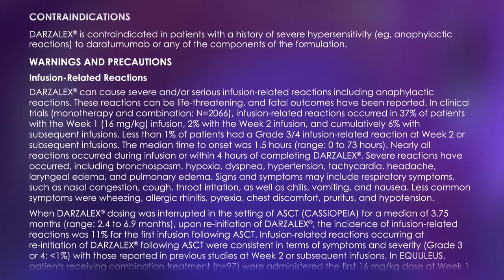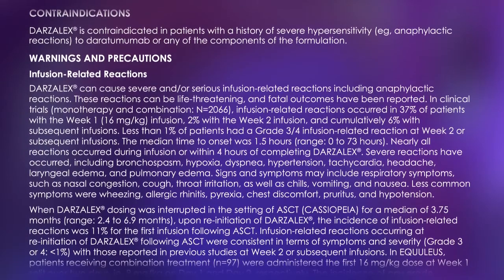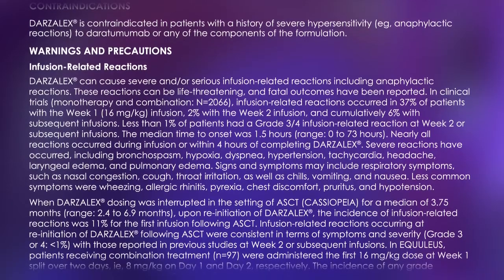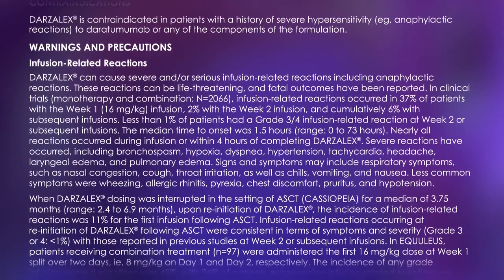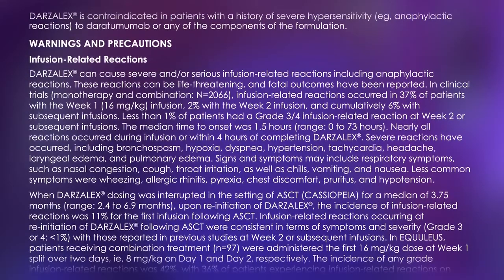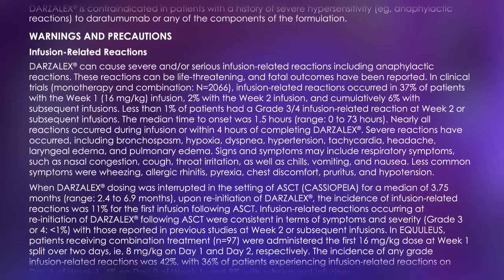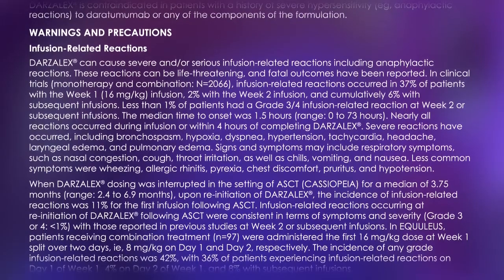Signs and symptoms may include respiratory symptoms such as nasal congestion, cough, throat irritation, as well as chills, vomiting, and nausea. Less common symptoms were wheezing, allergic rhinitis, pyrexia, chest discomfort, pruritus, and hypotension.